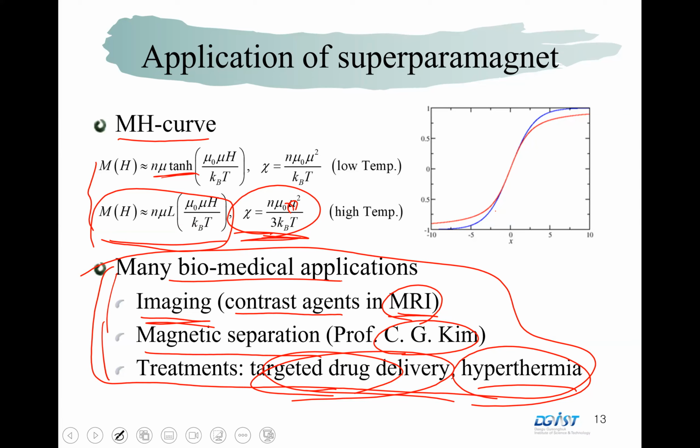Okay, so today I talked about superparamagnetism, and you may encounter it in some applications. Also, I'm sure you will encounter this kind of temperature effect in any application in a real engineering field.